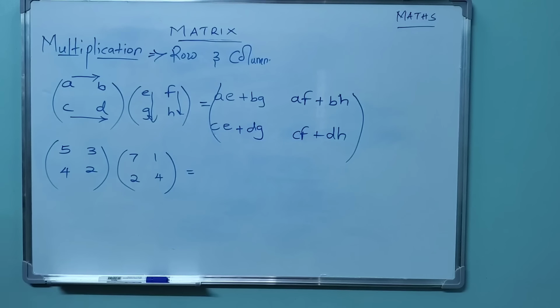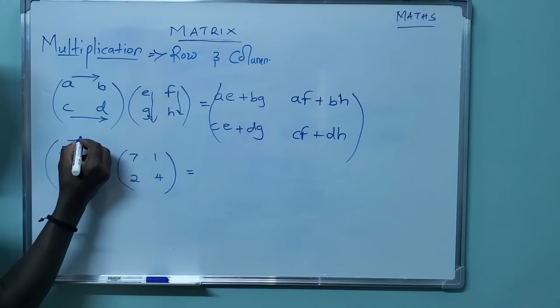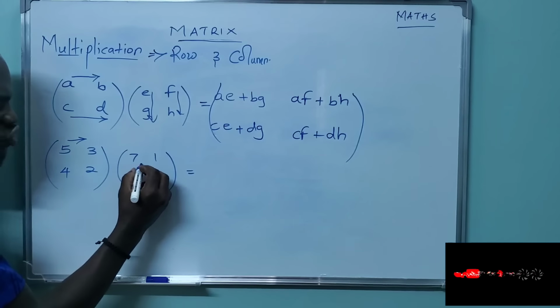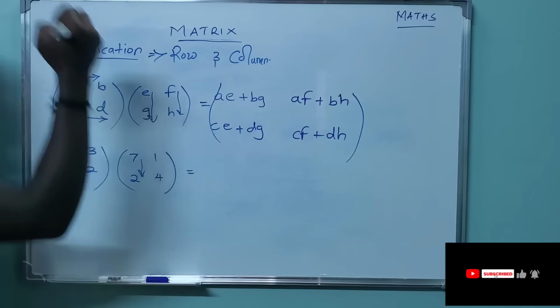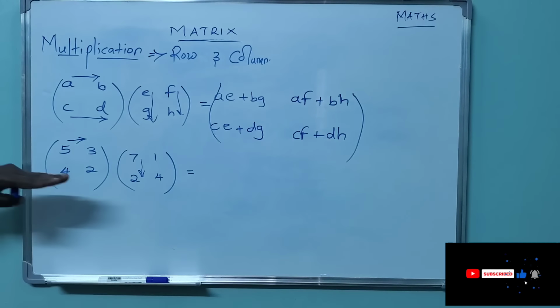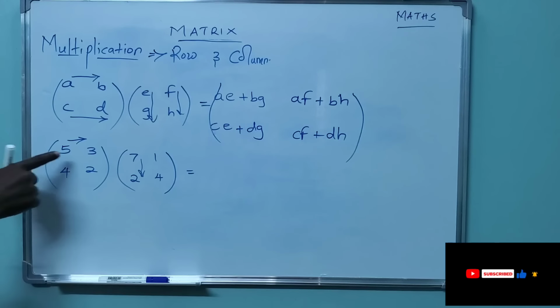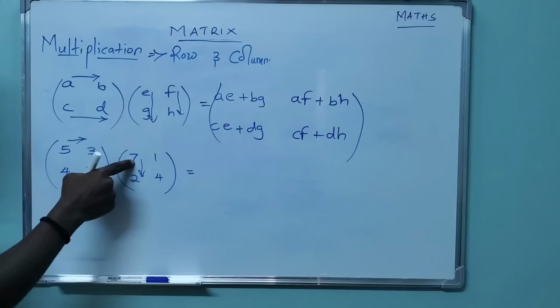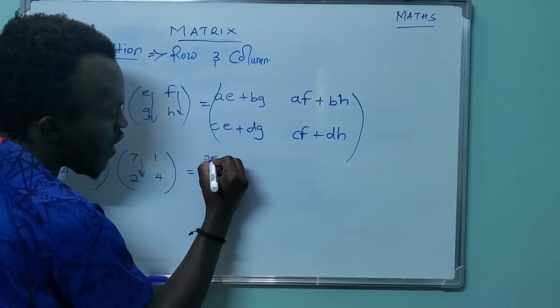Number one, remember, you have to identify the row and the column. In your first matrix, we are going to identify this row. And this row, I'm going to multiply it by all the two columns before I proceed to the second row in my first matrix. So let me begin. 5 multiplied by 7, I'm going to have there 35.